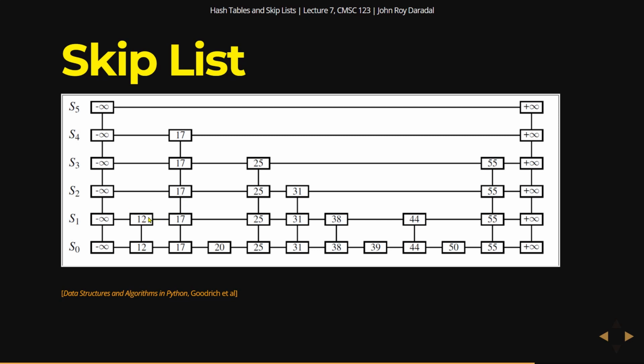From S1 we have 1, 2, 3, 4, 5, 6, 7 nodes, excluding the special sentinels. From 7 nodes, it became just 4: 17, 25, 31, and 55. And then from 4, it became 3 here: 17, 25, and 55. Then from 3, it became 1 here, until there is no more left at the topmost list, which only contains the negative infinity and positive infinity. So that is the skip list.